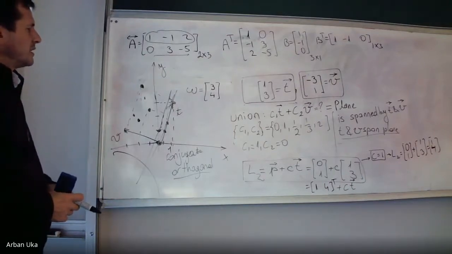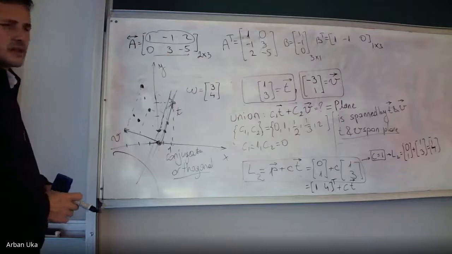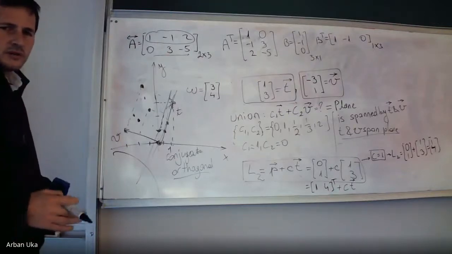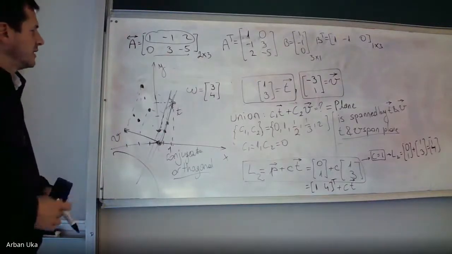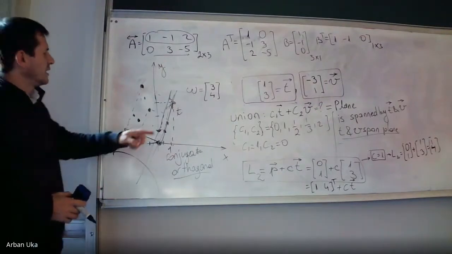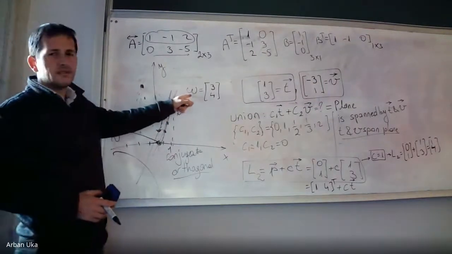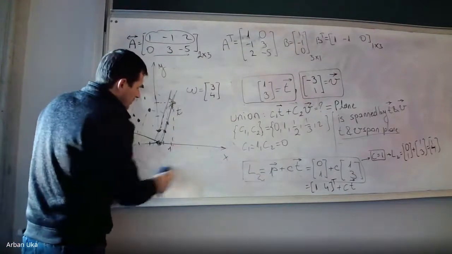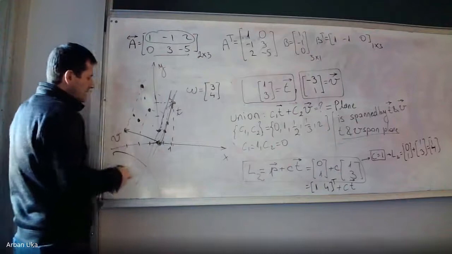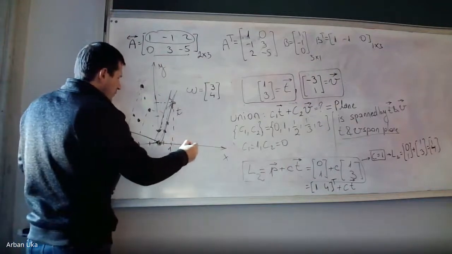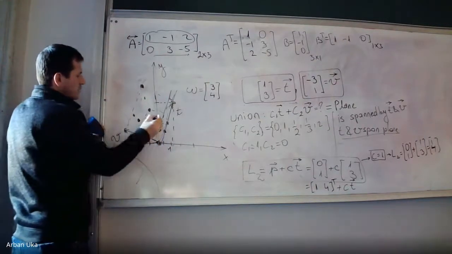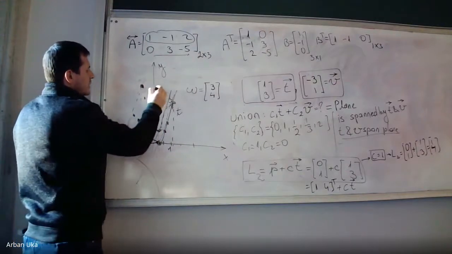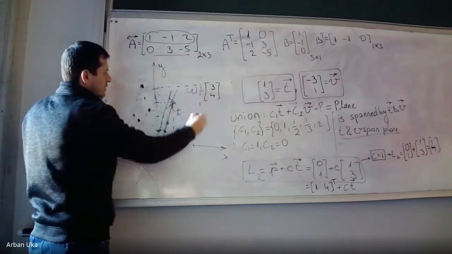So let's assume we get 3, 4, okay? Where is 3, 4 in our graph? 3 is 1, 2, 3. 4 is 1, 2, 3, 4. So we get a vector which is going to be somewhere here, okay?